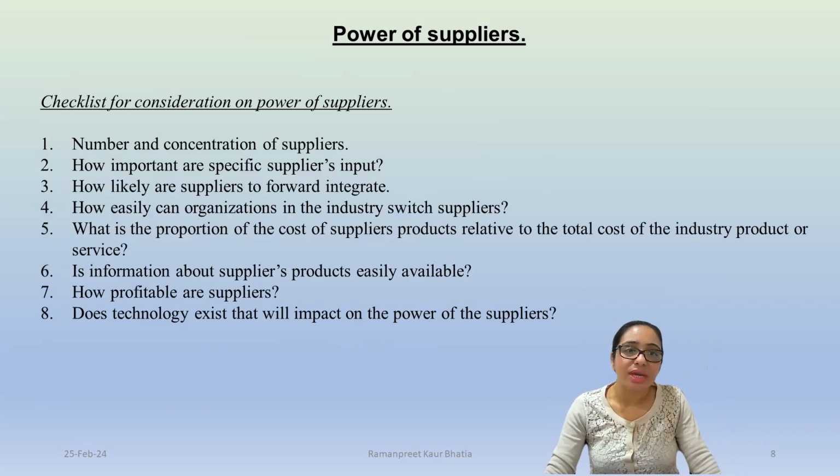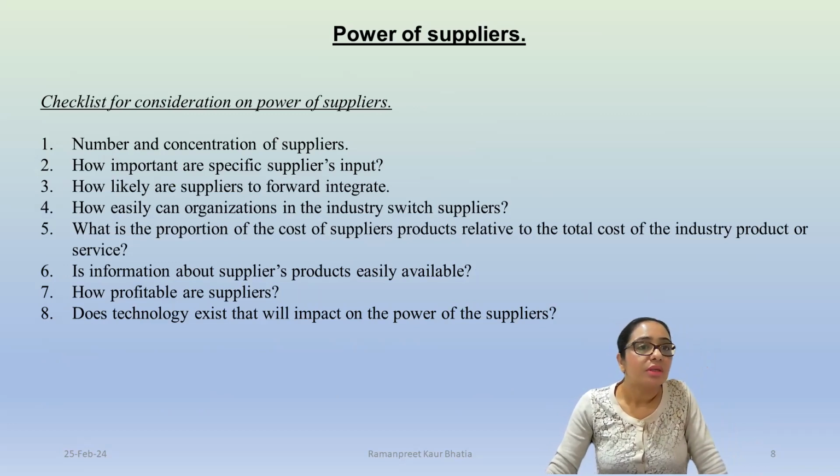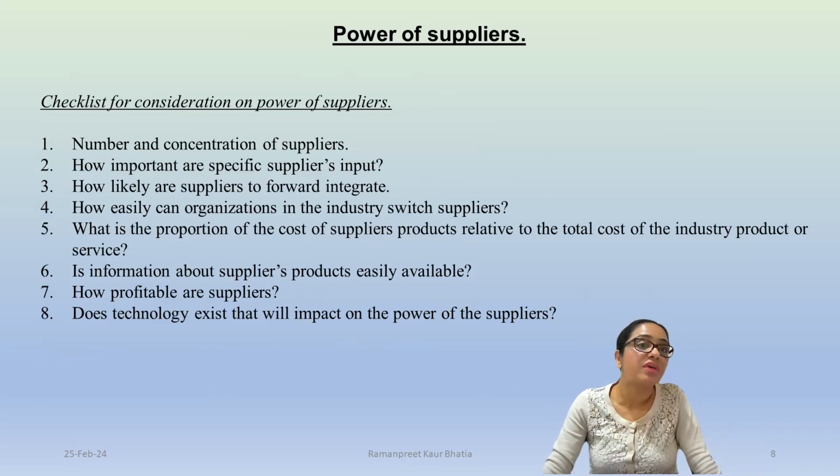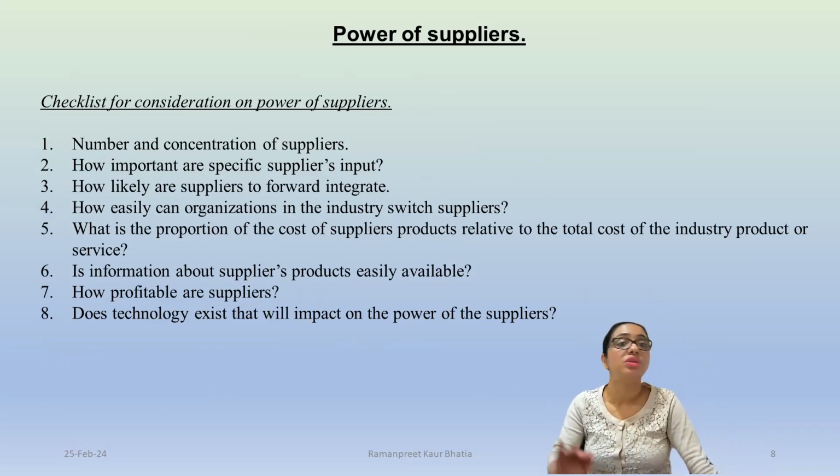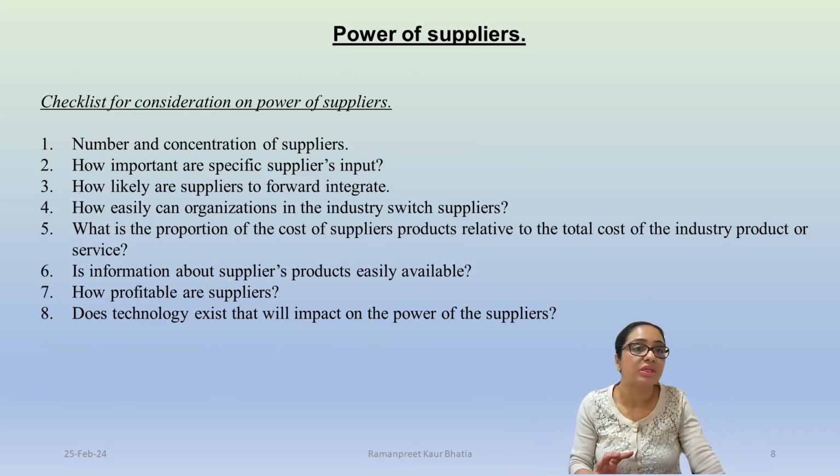Now again, this is the checklist for the power of supplier, which is just the same. The number and concentration of suppliers, how important are specific suppliers' inputs, how likely the supplier is to forward integrate, how easily can organizations in the industry switch suppliers, what is the proportion of the cost of supplier's product relative to the total cost of the industry product, is information about suppliers' product available, which is the distribution?